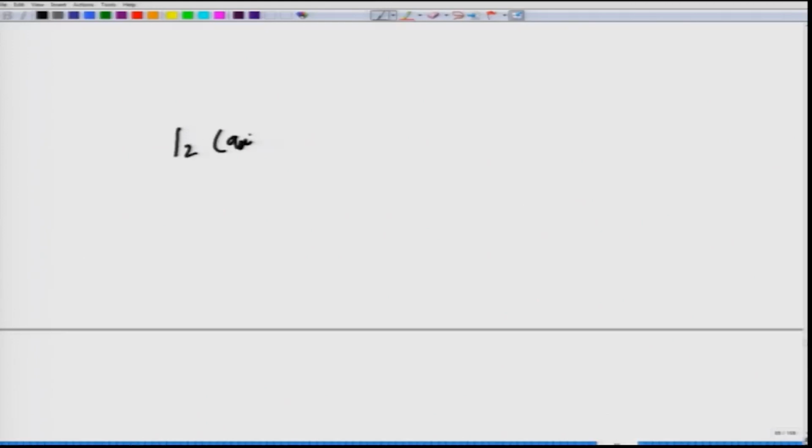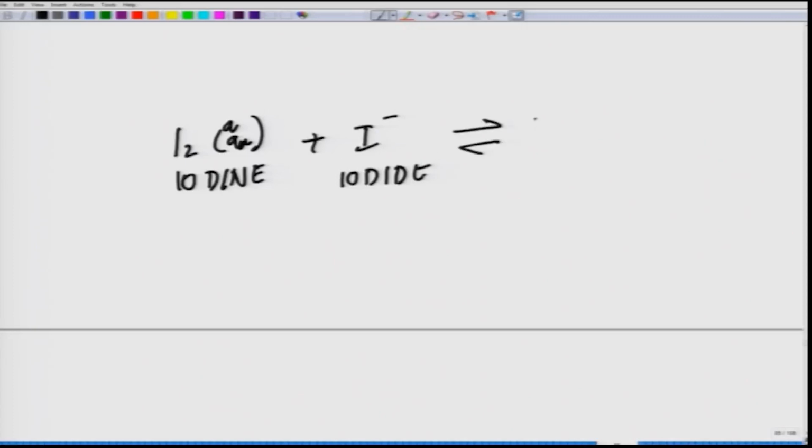Iodine plus iodide gives I3 minus, which is triiodide. So, this is another indicator where iodine has been used as an indicator.